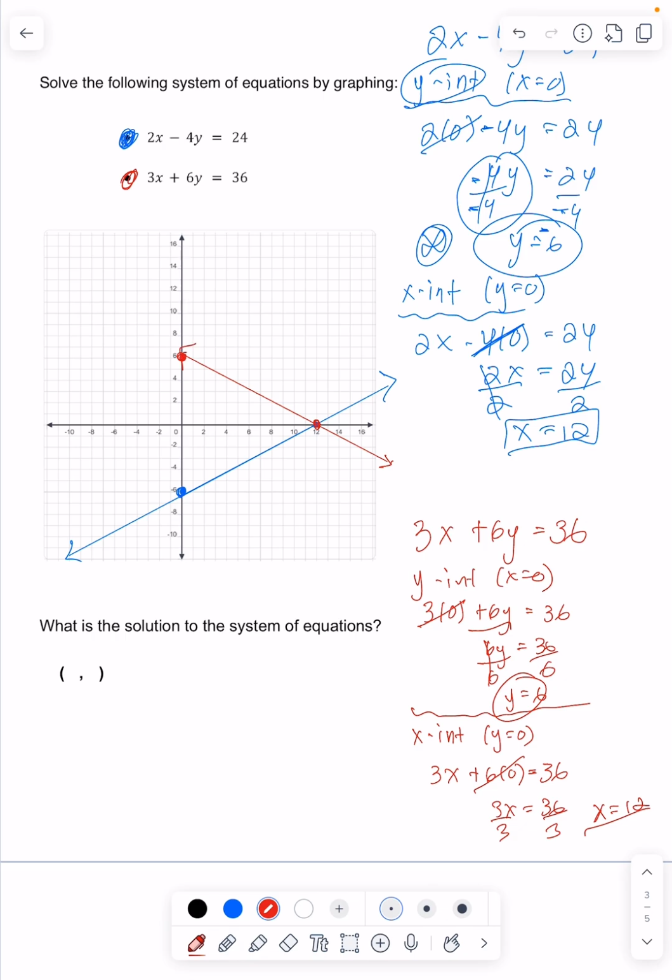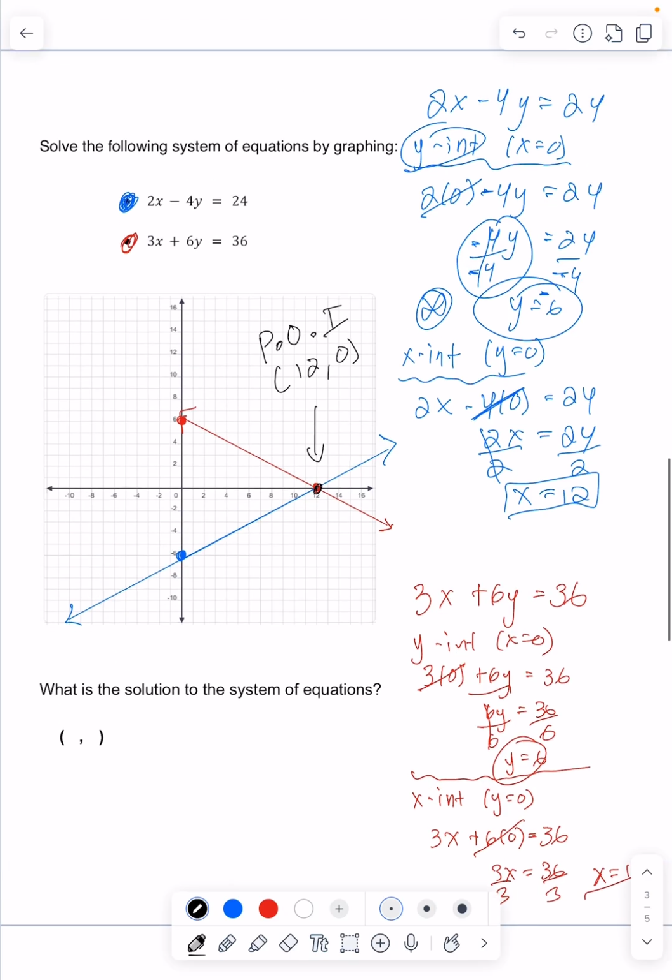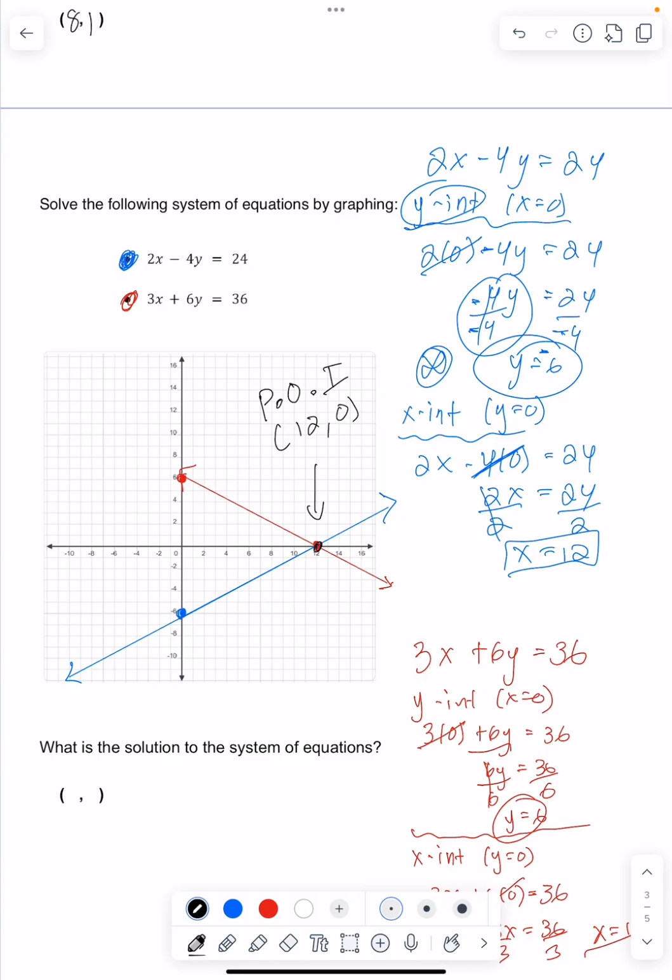So we could just extend those lines, and in this case, we could see the point of intersection is at (12, 0). So again, my bad on this last mistake, but it reinforces for us to be careful.